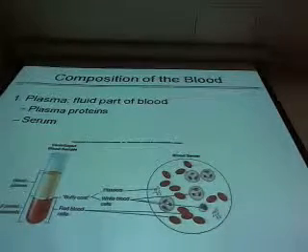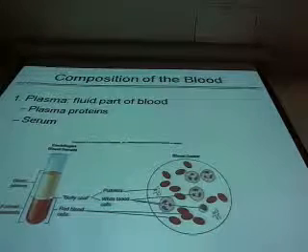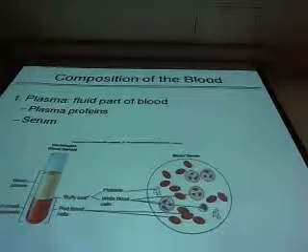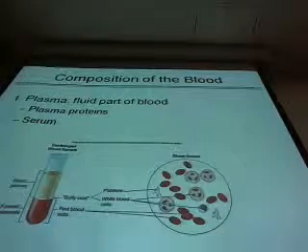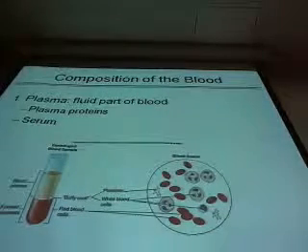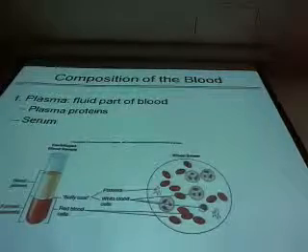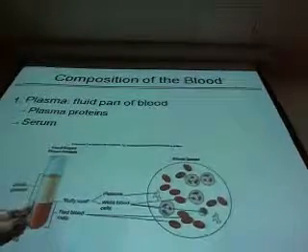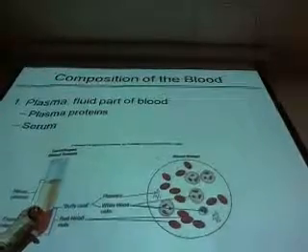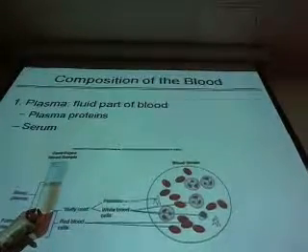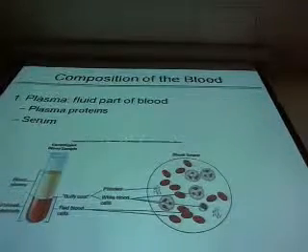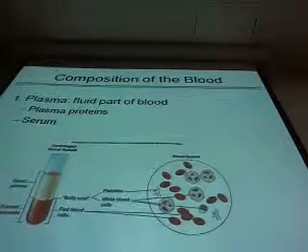Serum, you allow the blood to clot, and then you spin it down. So you have plasma and you have serum. So if you spin it down, what you're going to see is the plasma, which is the fluid. And if you've got a buffy coat this big, you're in trouble. Normally when you spin it down, you don't see a buffy coat.